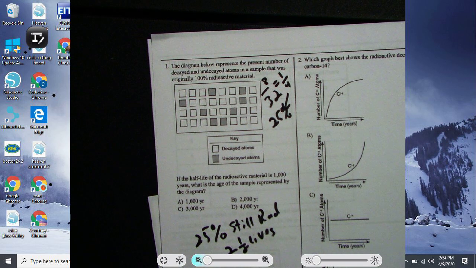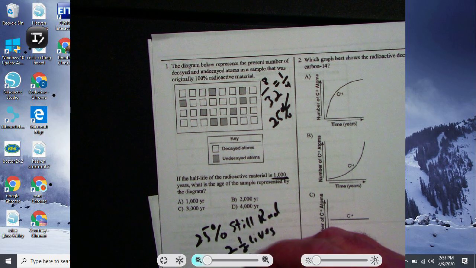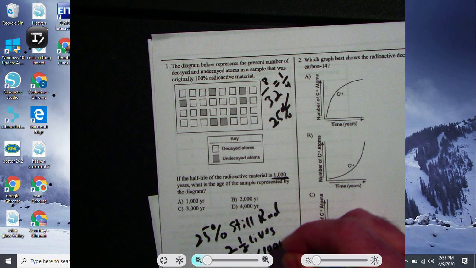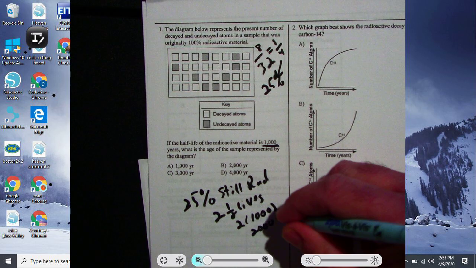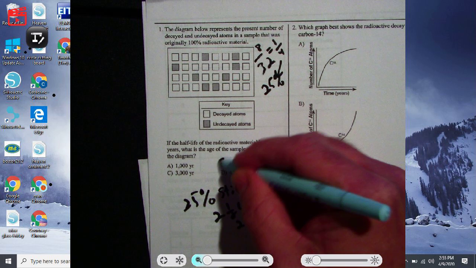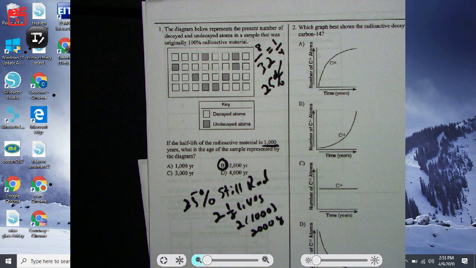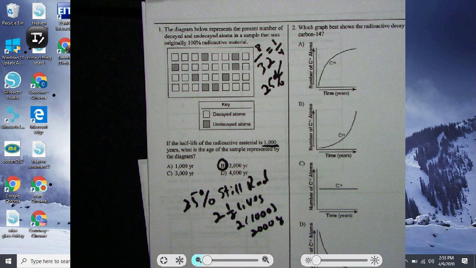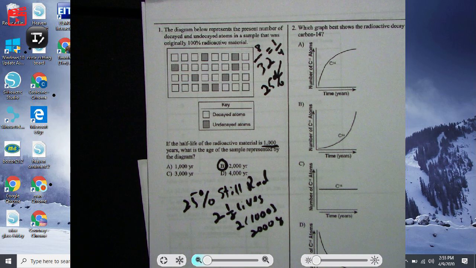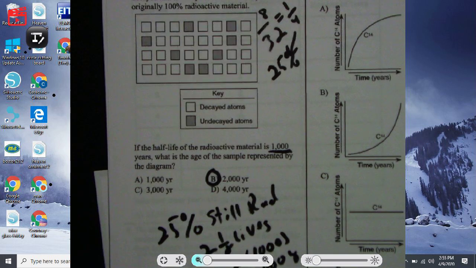Remember the folding? 1, 2. So it says here that this sample has a half-life of 1,000 years. Well, if we've gone to 2 half-lives, it's 2 times 1,000 equals 2,000 years. There we go. So, looking at our answers, we're looking at answer letter B. Okay? So again, we're looking at the fraction, the relationship here. All right? Now, I've got to zoom back. Oh, wrong way. I keep getting these backwards.